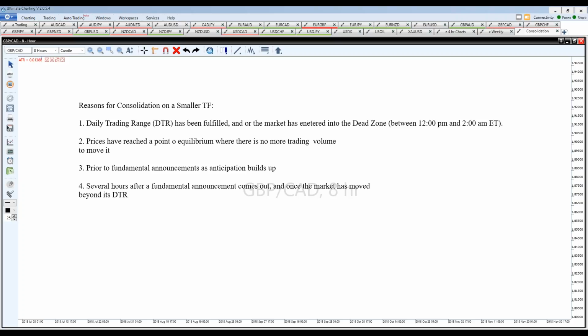Okay? Once that movement has been exhausted, the market tends to fall into that small consolidation or starts to pull back, as it falls into something of a, let's say, a resting period or a period to reset in anticipation of a new trading day.